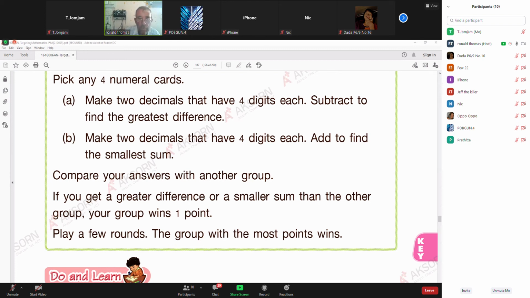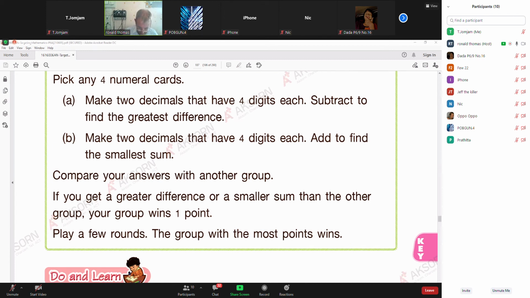Page 187, everybody. Just go. Try it. Okay, page 187, go everybody, work.